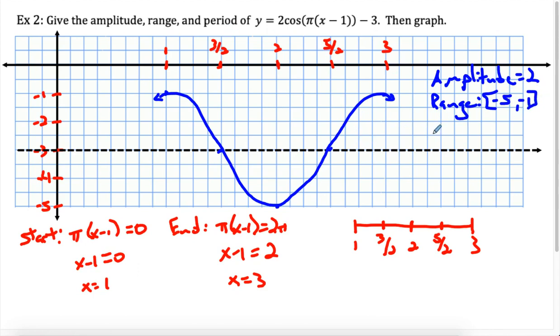And then the period is just the distance covered by 1 period. So that is just going to be 2 pi divided by the b value, which would just be 2.